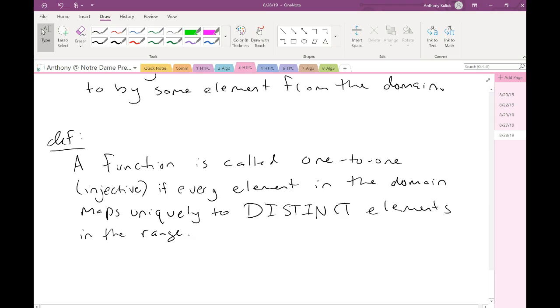Or in other words, no y-coordinate is used more than once. Okay? So no repeated y's.